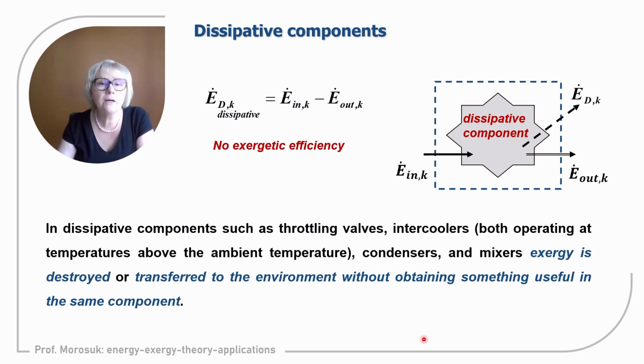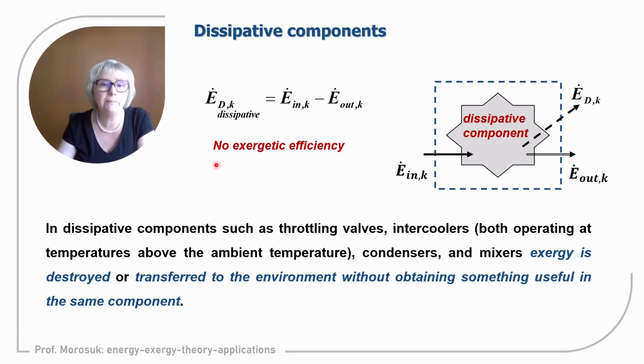Or, for example, we have heat transfer to the environment within a condenser, and exergy transfer to the environment. Or we have intercoolers between compressors. All these components are assigned to be dissipative. So we need these components for the energy conversion system. We cannot remove them because we need them for the realization of the cycle of the entire process. But from the exergetic point of view, these are dissipative components.